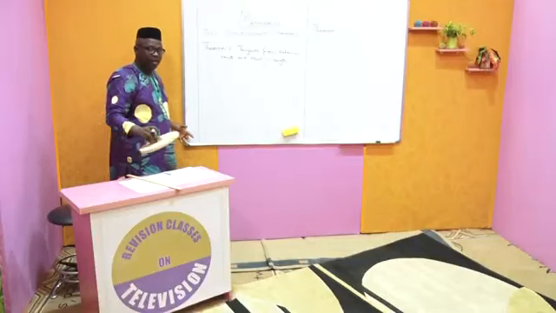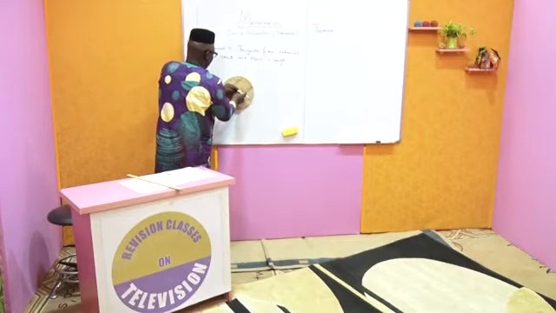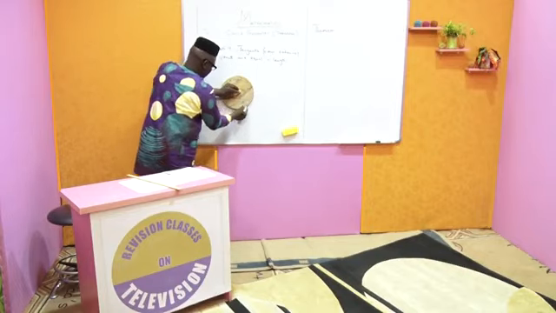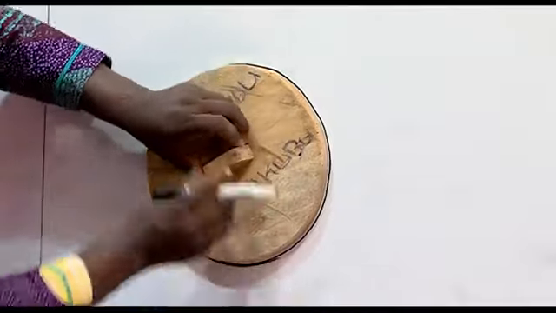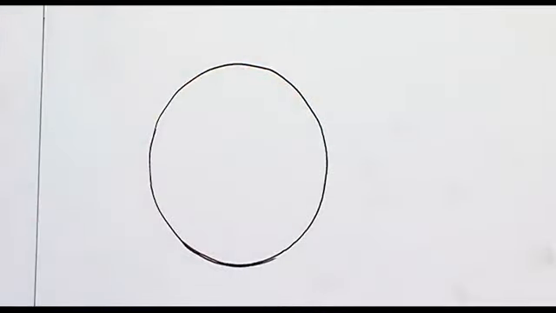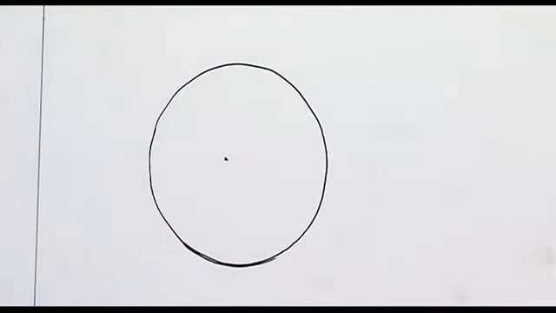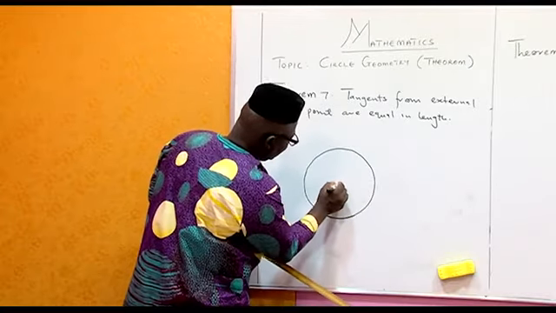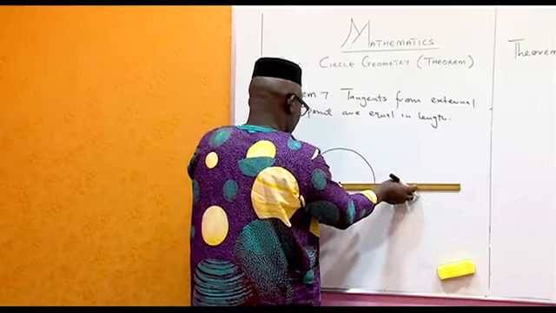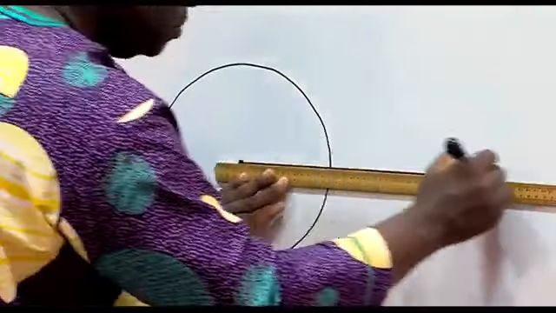Let me draw a diagram to illustrate this theorem. If I have a circle like this, and this is the center of my circle, I have a line from the center to an external point as shown.